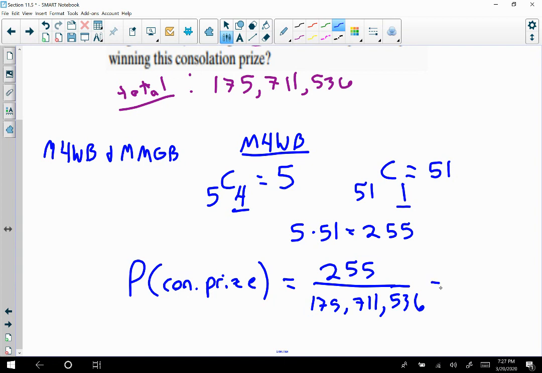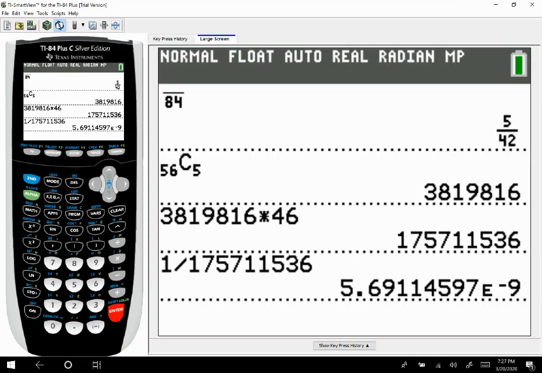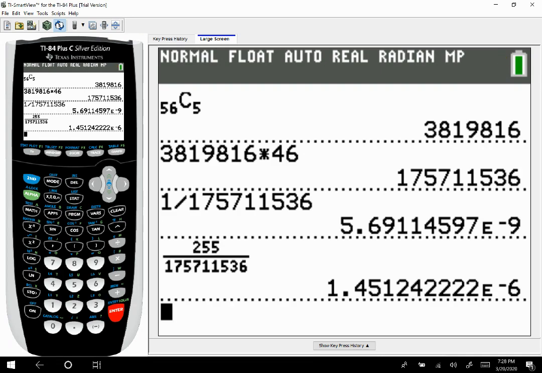And again, we're going to go to our calculator and let it reduce this down. So let's see what happens. 255 all over 175,711,536. Ooh, notice it kicked out a decimal for us.